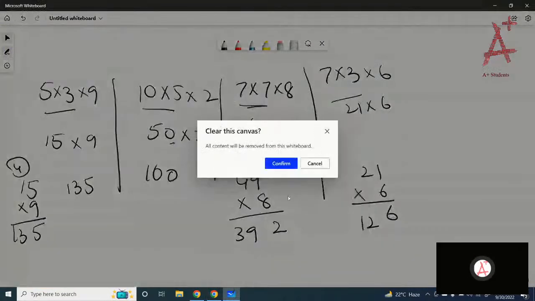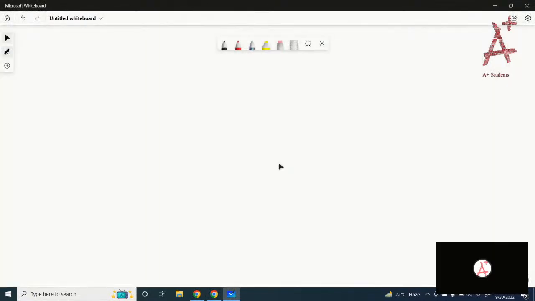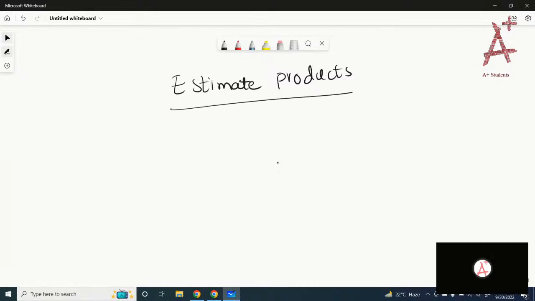So let's start with estimate products. Okay. Estimate the products: round each factor to the nearest 10 and then multiply. Got it? So the numbers you are given are 81 times 81.